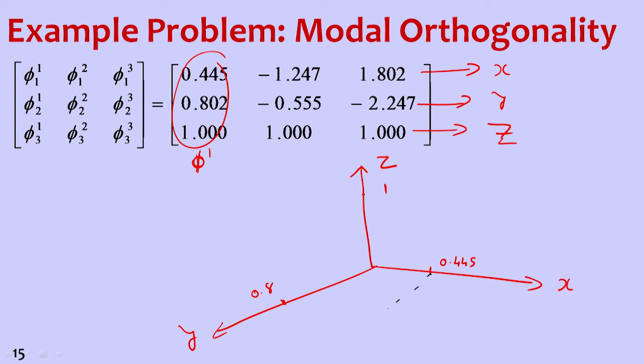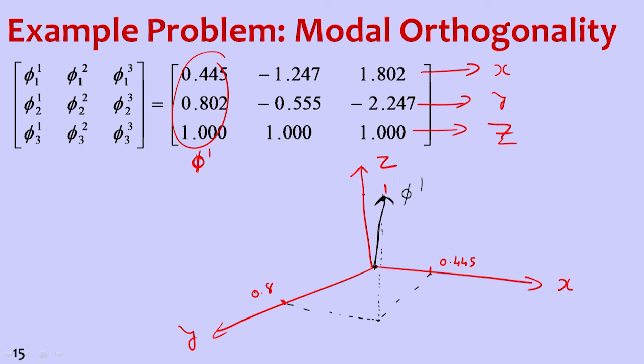So this was the x direction, here it was the y direction. Now if I go vertically in the z direction up to 1, I get this point as phi 1. Now if I connect it through the origin till that point, I will get this vector, going outward from the origin.